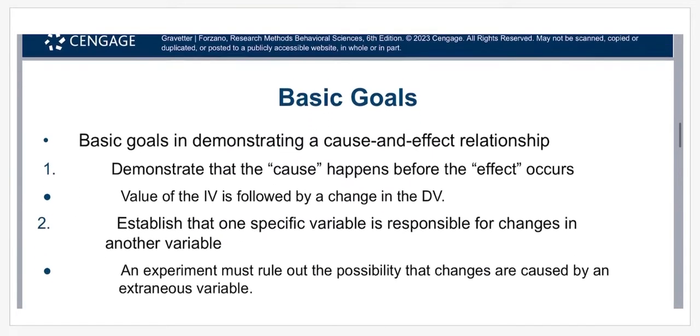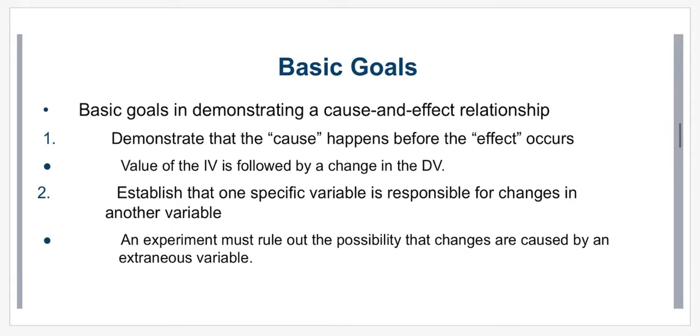So, just to review a little bit, the basic goals for establishing or demonstrating a cause and effect relationship is that you want to make sure that you're showing that the cause is happening before the effect happens, right? Otherwise, you can't say it's a cause and effect relationship, right? As if the effect is happening before the cause.